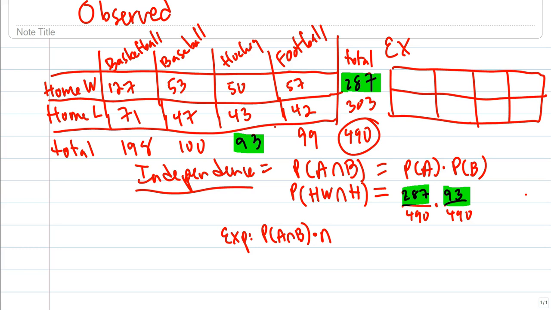Well, to get that expected value, we're going to take the probability and multiply it by n. So 287 over 490 times 93 over 490 times n, which is also 490. One of those 490s is going to cancel out. So 287 times 93 over 490.